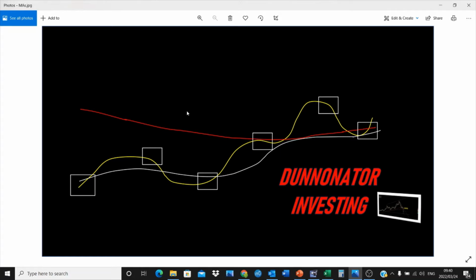Now, to go into a bit more detail, what's handy about these two lines is that this one moves in a gentler slope than this one, which is the faster moving one. Where price, or this average, converges with this line, that is where you should be interested, because that tells you that price is about to cross over and move above this average.